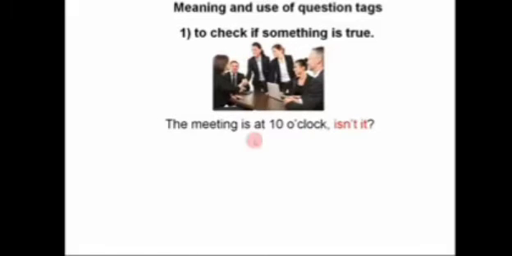So, it is obvious that this person wants to check or confirm if truly the meeting is going to begin at 10 o'clock. So, question tags are used to check if something is true.